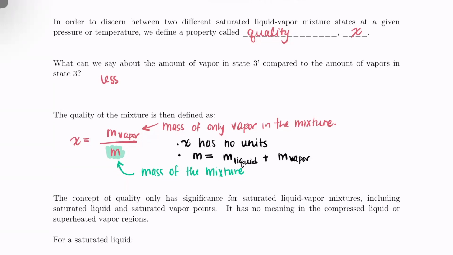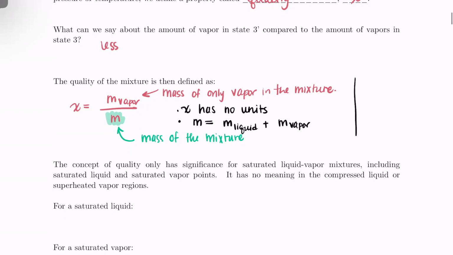Using quality is only valid for saturated liquid vapor mixtures. So we're only going to use this when we have a mixture of those two states, including the saturated liquid and the saturated vapor points. If you recall our T-v diagram, we had something like this, right? This was our diagram.